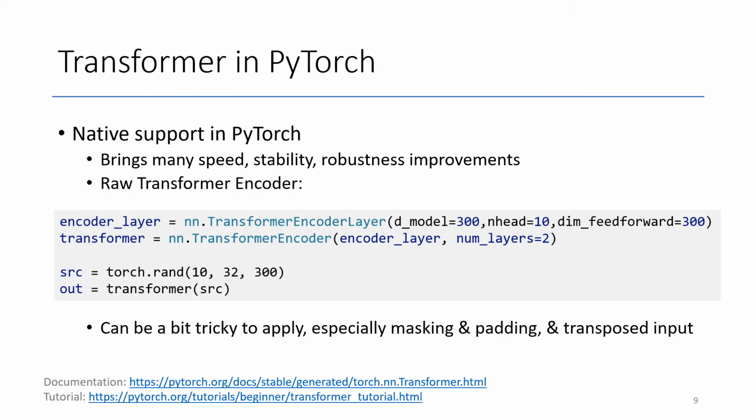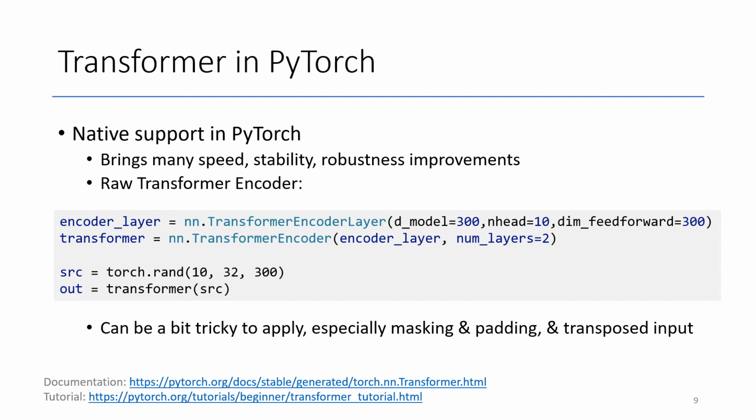Now that transformers are as ubiquitous as they are, they have very good native support in all large libraries. And here is an example for PyTorch, where you define the type of layer and then you define how many layers you want to get your transformer module.